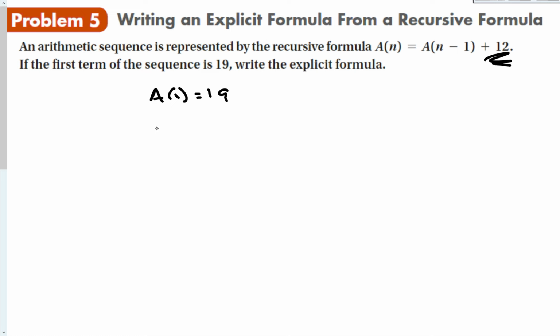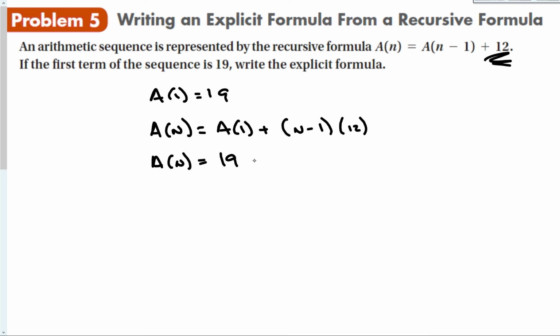All I have to do is say a of n is equal to a of 1 plus n minus 1 times d, which is 12, and a of 1 is 19. So we have a of n equals 19 plus n minus 1 times 12. Okay?